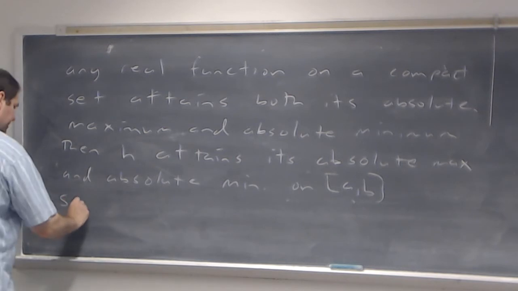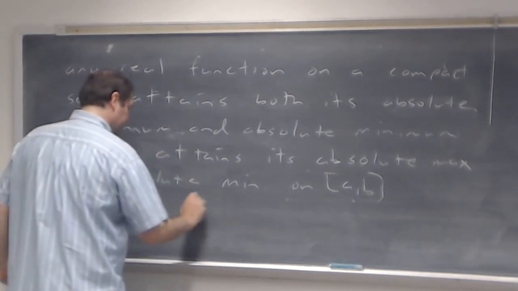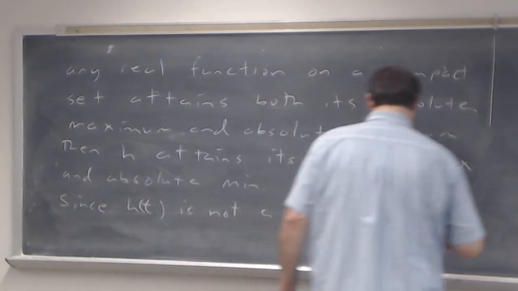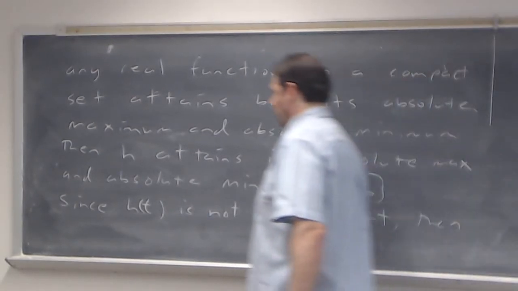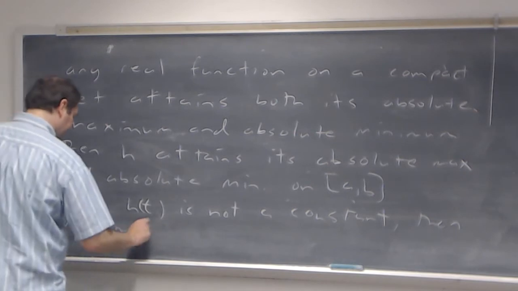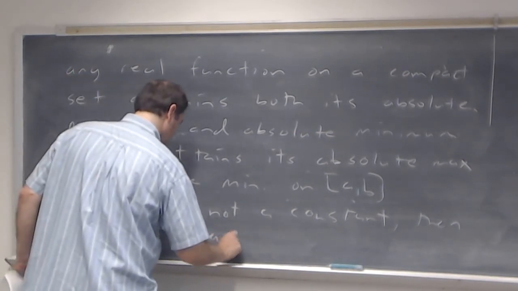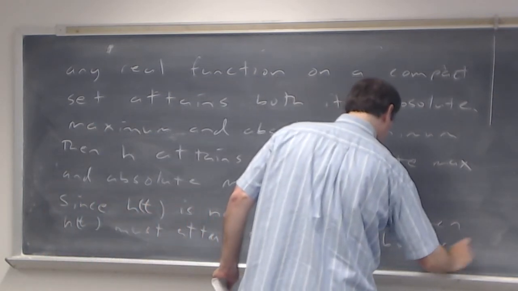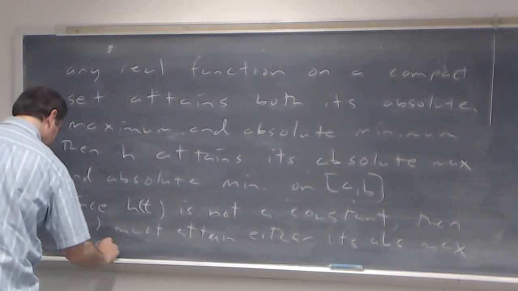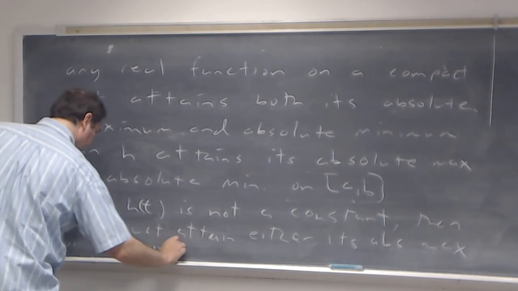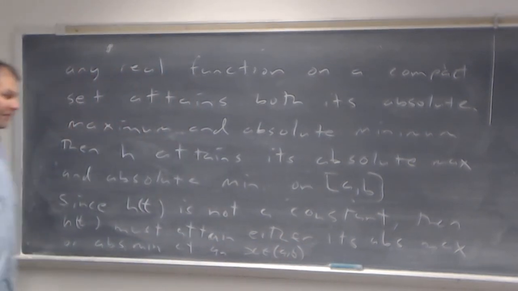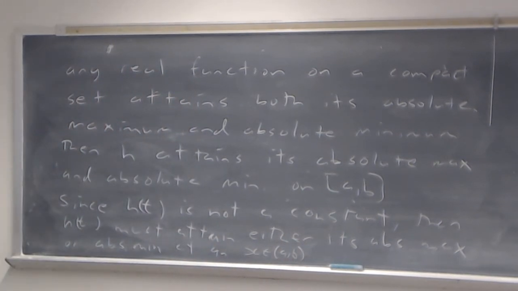Well, since in this case h of t is not a constant, and h of A is equal to h of B, then h of t must attain either its absolute max or absolute min at an x that's in the open interval from A to B. It can't be at the endpoints for both absolute max and min, because they were the same, and h of t is not a constant function.